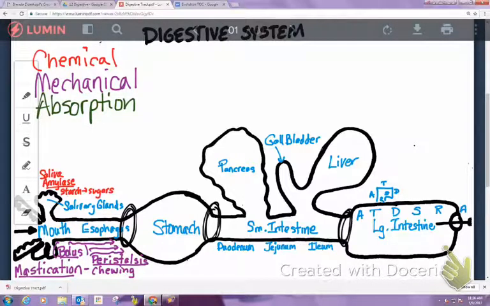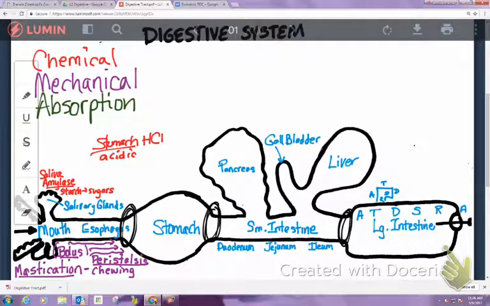Okay, moving on. So we have no absorption happening yet. In the stomach, we have some chemical digestion occurring. What are the conditions like in the stomach? Acidic. It's very acidic. Somebody said it's hot. That's funny. That was Chris. So it's very acidic, and we have HCl, hydrochloric acid.